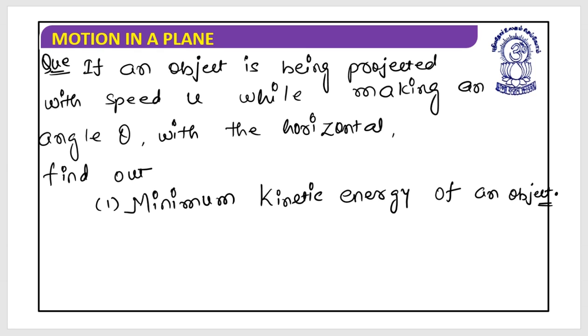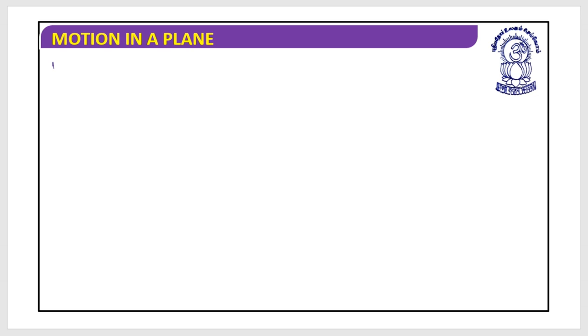An object has been projected with speed u and it is making an angle theta with the horizontal. The situation is something like this: this is u, this is angle theta, this would be the y-axis and this would be the x-axis.